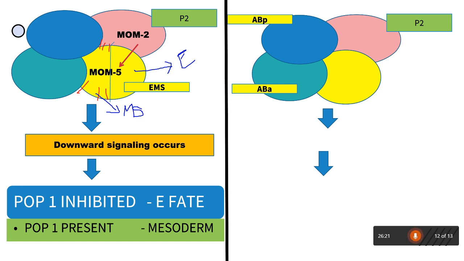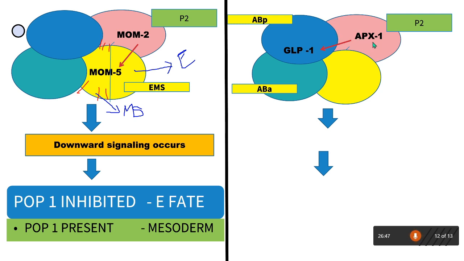For that also, there must be a ligand, then receptor, then downward signaling cascade, then differentiation occurs. This is the strategy. Looking into P2, we can see that P2 is producing a ligand, APX1. It is the Delta. Then it will be received by a receptor on ABP, which is GLP-1.